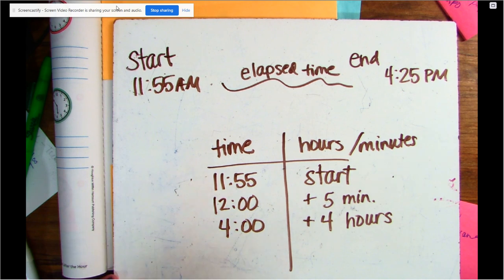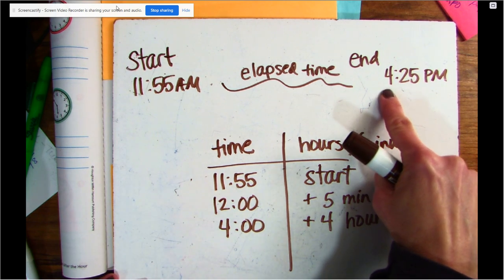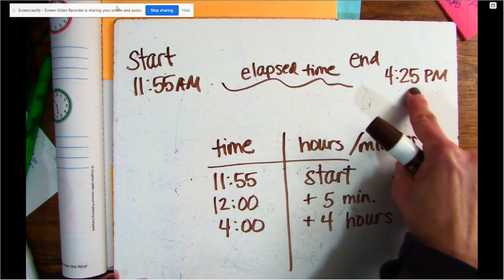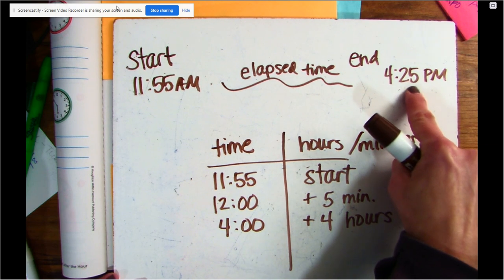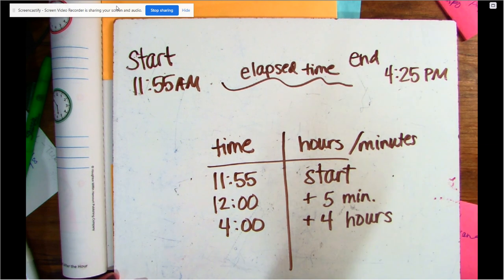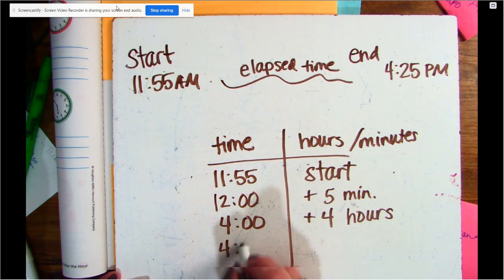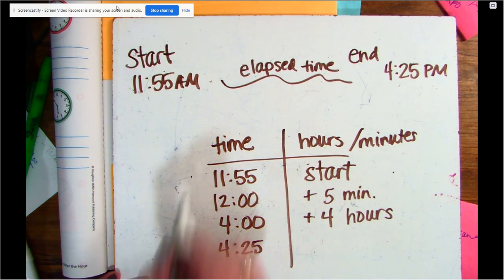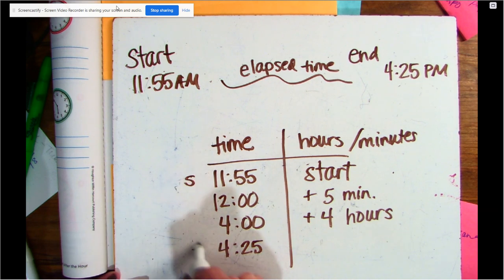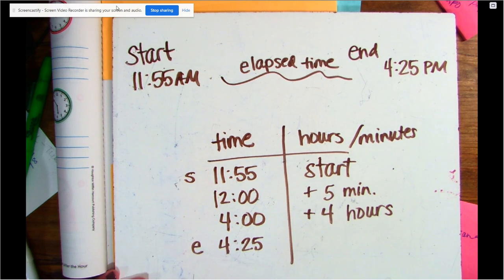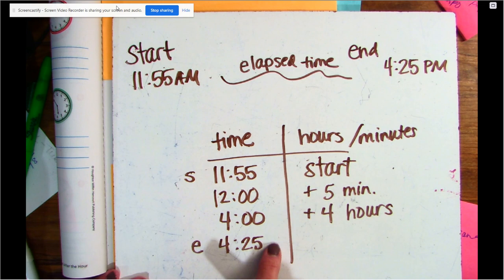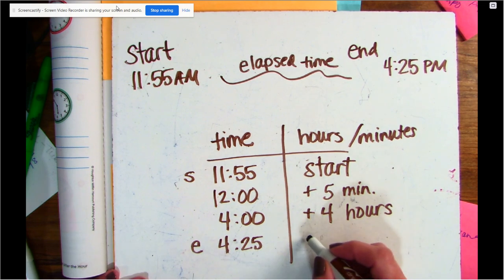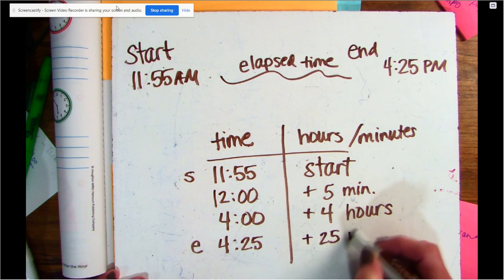Okay, so now I'm at 4 o'clock. And it's 4:25. So how many minutes do I have to go? I can go 25 more minutes until my end time. So here's my start. Here's my end. 4 o'clock to 4:25. We know that's 25 minutes after. So we're going to go 25 minutes.